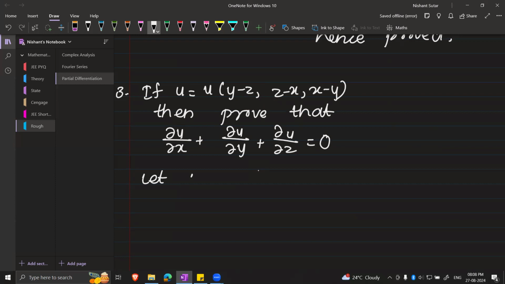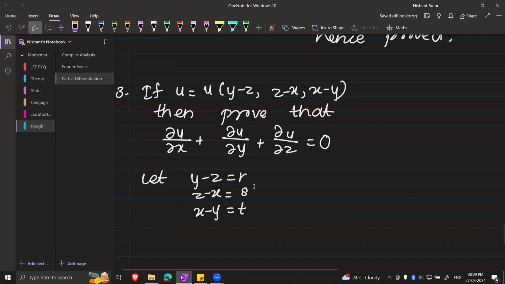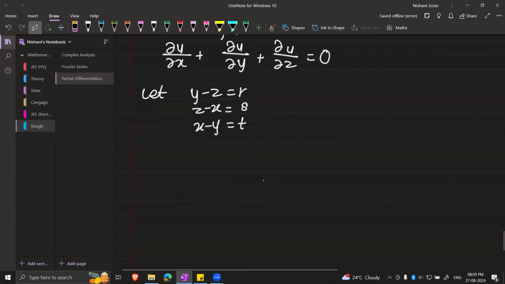So I will assume that y minus z is r, z minus x is s, and x minus y is t. So my u is a function of r, s and t.